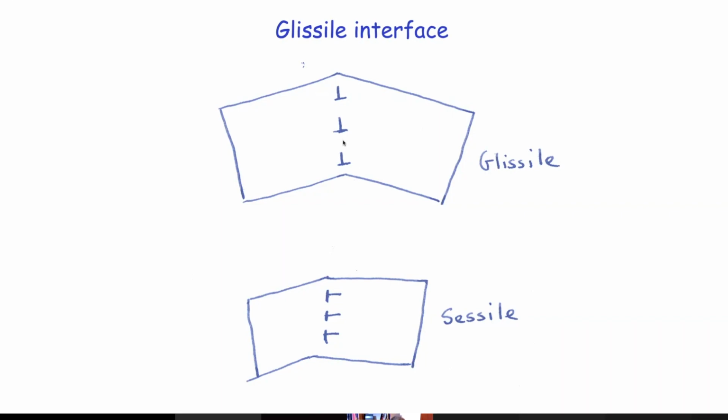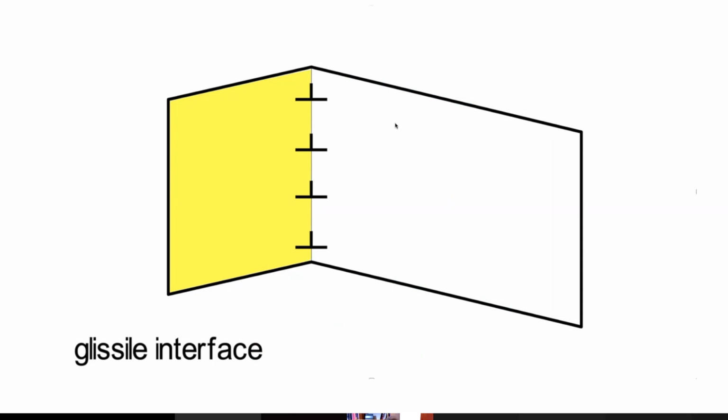There's no diffusion necessary for a glissile interface to move. But if the dislocations have their Burgers vectors in the interface, then they have to climb in order to move the interface to a different position. And that is impossible for a martensitic transformation. So the structure of a martensite interface must be such that the dislocations can glide and achieve the change in crystal structure and the physical deformation without diffusion. Okay, so that's illustrated over here.